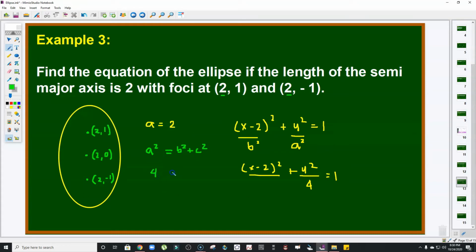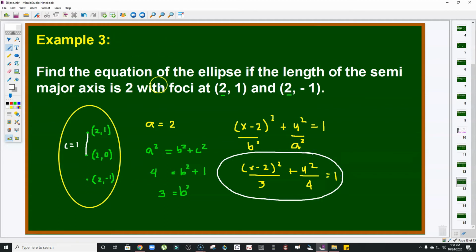So I already have 4, missing ang b squared, but I can get the length of c. And that is the distance from center to focus, and that is c equals 1. So plus 1. So therefore, ang b squared ko is just equal to 3. So I'll just plug in 3 here. And that's it. This is the equation of the ellipse in problem number 3.